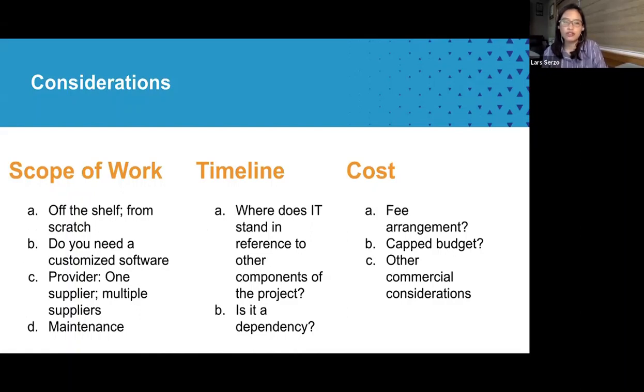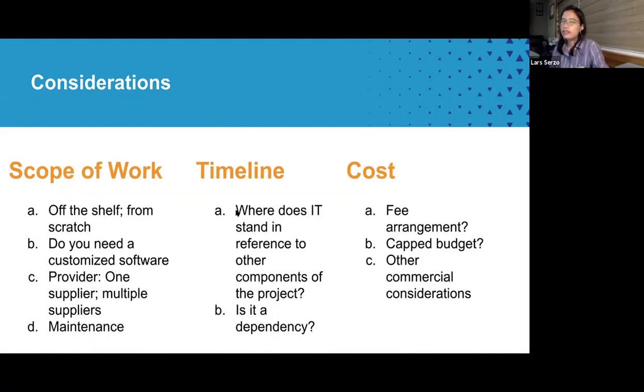So for the scope of work, your team would have to identify whether you actually need to build something from scratch or you can get something that's off the shelf. Whether the service that you need would come from just one supplier or will it come from multiple suppliers? Will you need maintenance services for that piece of software? And then for timeline, you need to consider where your IT project would stand in reference to other components of your bigger project.